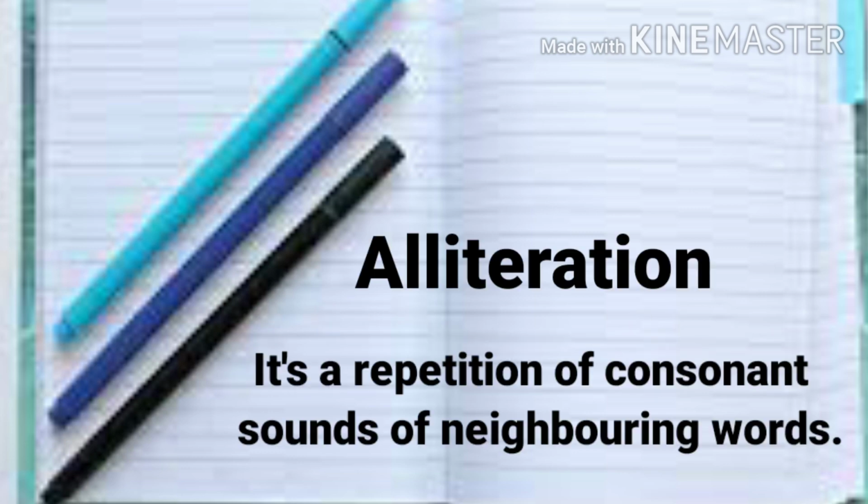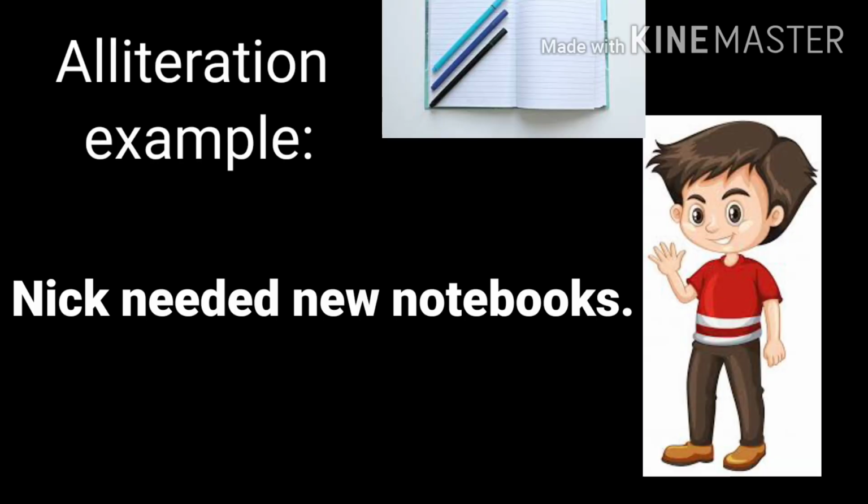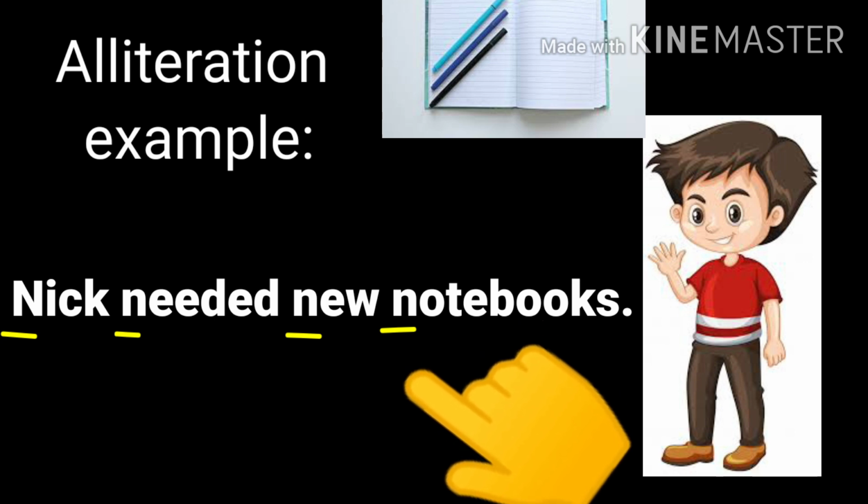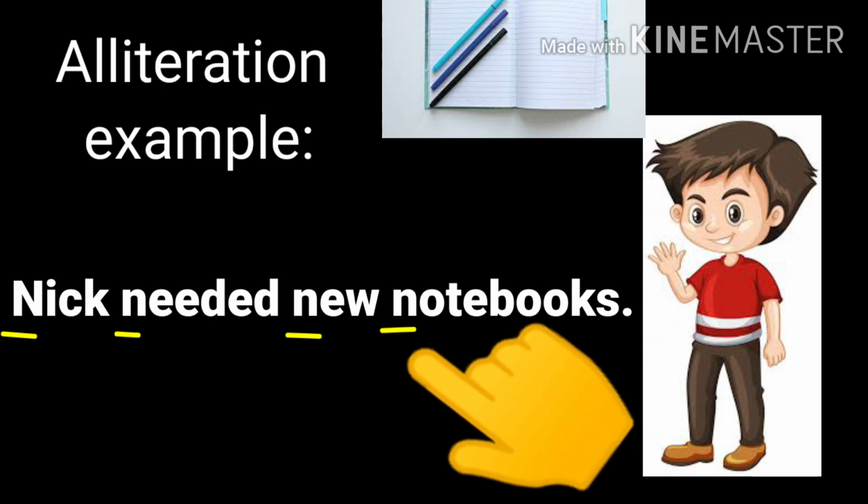Alliteration. It is a repetition of the consonant sounds of neighboring words, and it gives rhythm to the poetry. You see an example. Nick needed new notebooks. Here we can see the repetition of the beginning sound n, and it adds to the beauty of the poem. It gives rhythm to the poem.